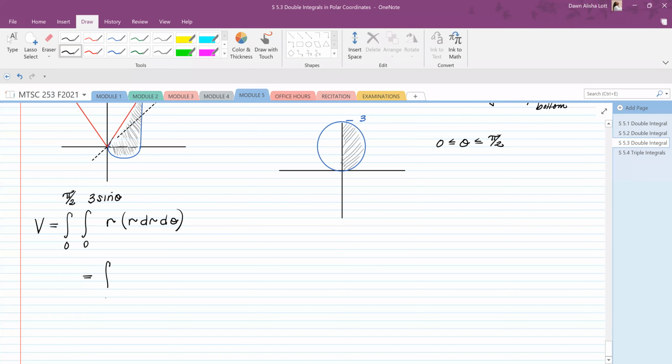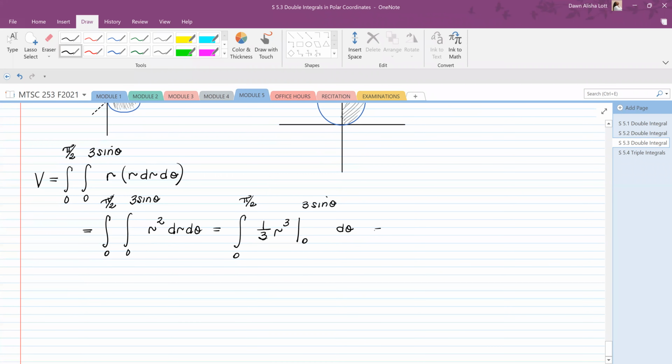So this becomes the integral from 0 to pi over 2, the integral from 0 to 3 sine theta of r squared dr d theta. When I integrate, I get 1/3 r cubed evaluated between 0 and 3 sine theta, d theta.